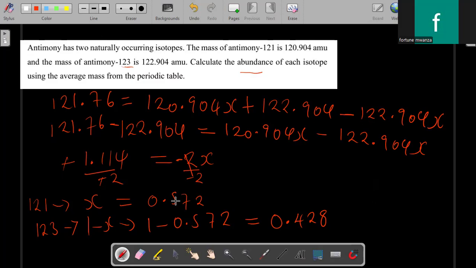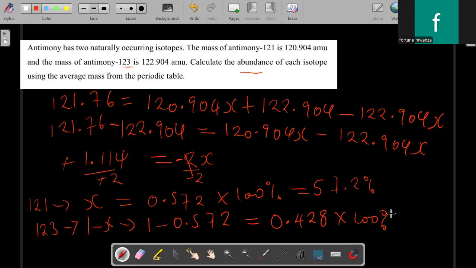So these are the two ratios I'm having. For me to get my percentage abundance, I'm just going to multiply these ratios by 100. So I multiply here by 100, also here I multiply by 100%. I'll surely get my percentage abundance for these two isotopes. If I multiply here by 100%, I'm going to get 57.2%.